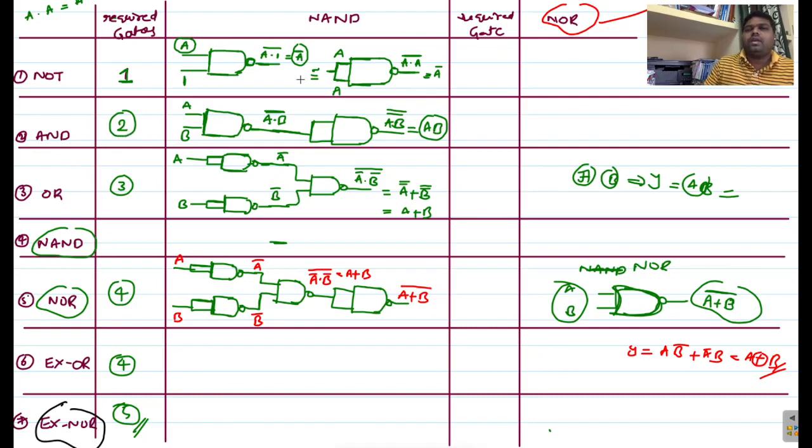In the same way, to implement this NOT logic, how many NOR gates are required? To implement AND logic, how many NOR gates are required? To implement OR logic, how many NOR gates are required? Like that, you can realize these basic and extra gates with the help of this NOR logic, right?